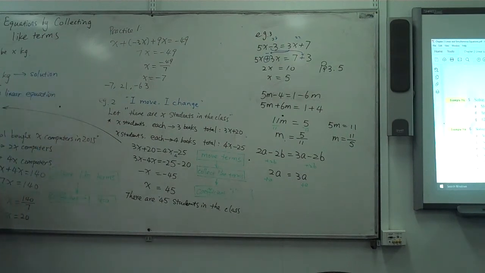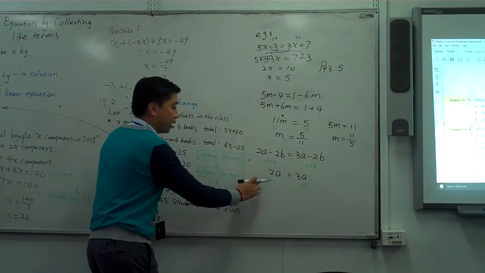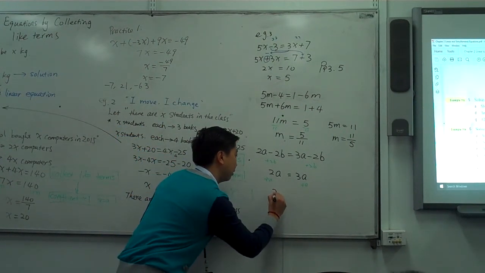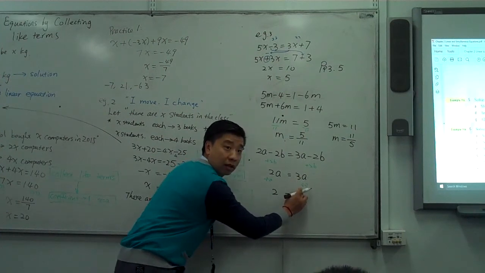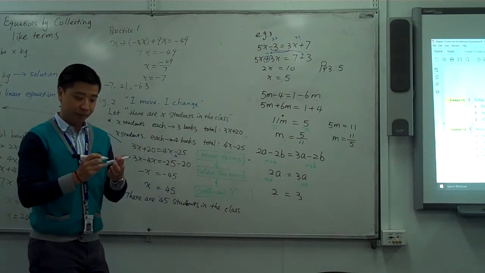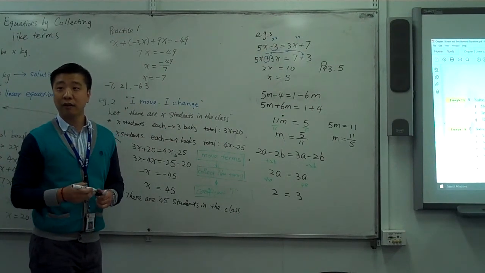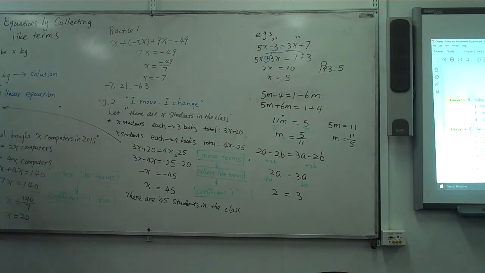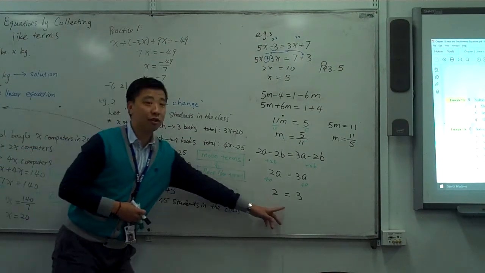I divide by 7 on both sides, it remains the same. So if I divide by a, what will be on the left hand side? 2. What will be on the right hand side? 3. Is that correct? 2 equals 3.